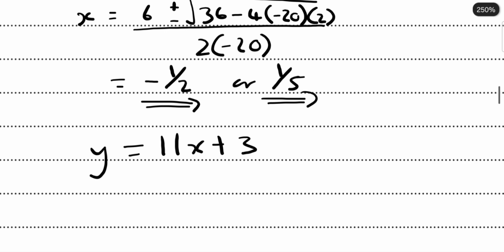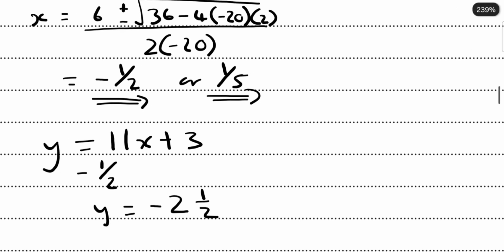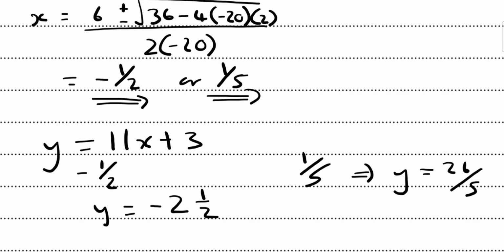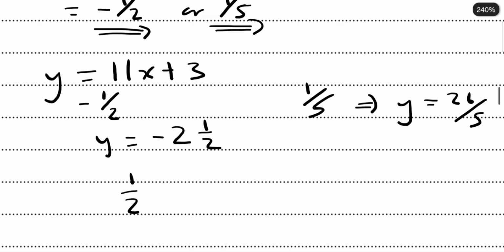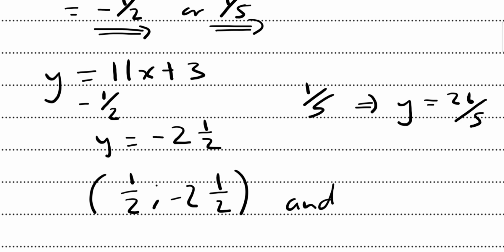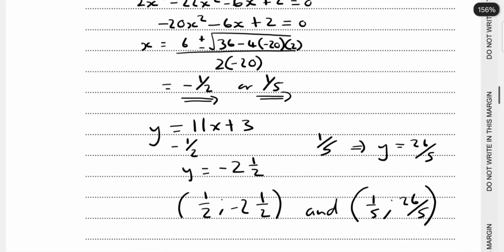Substituting minus half, we get y to be minus 2 and a half, and substituting a fifth, we get our y to be 26 over 5. So the coordinates will be minus half, minus 2 and a half, and a fifth, 26 over 5.